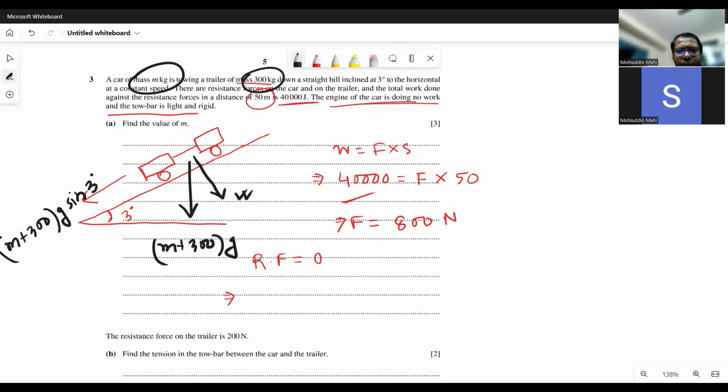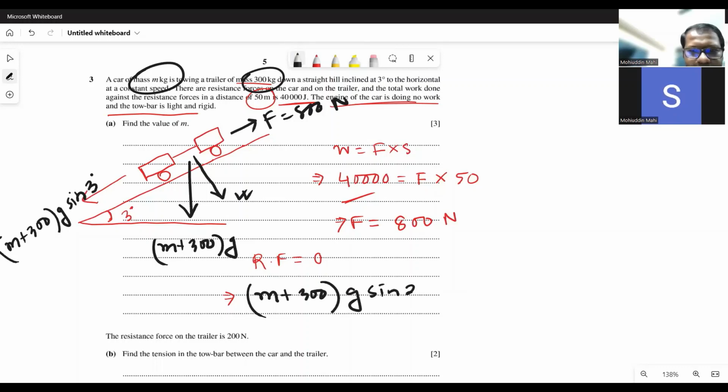For now, it's not required. The resultant force along the plane will be (m plus 300) g sine 3 degree, which equals the frictional force, the resistive force, that is 800 Newton.